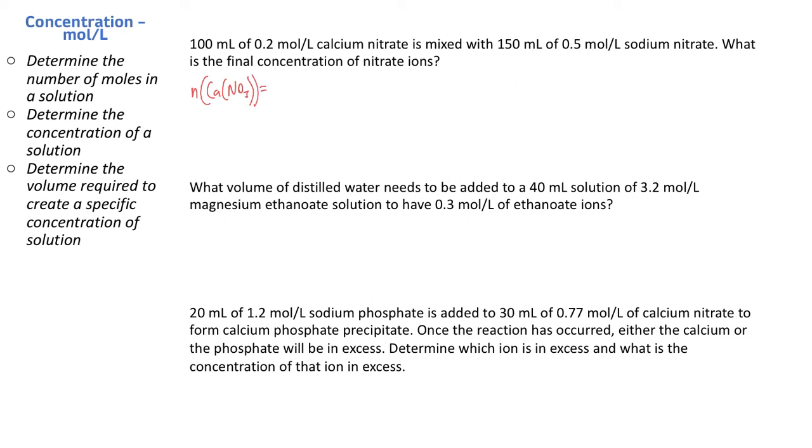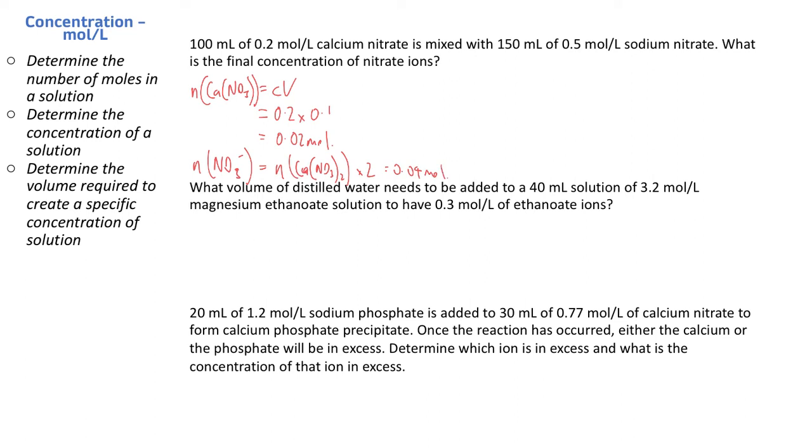right? Because that's the first thing, which will be equal to CV, which will be equal to 0.2 times 0.1, which happens to be 0.02 mole. And then the number of moles of nitrate ions from the calcium nitrate will be double the number of moles of calcium nitrate, considering there's a 2-to-1 ratio, 0.04 moles.